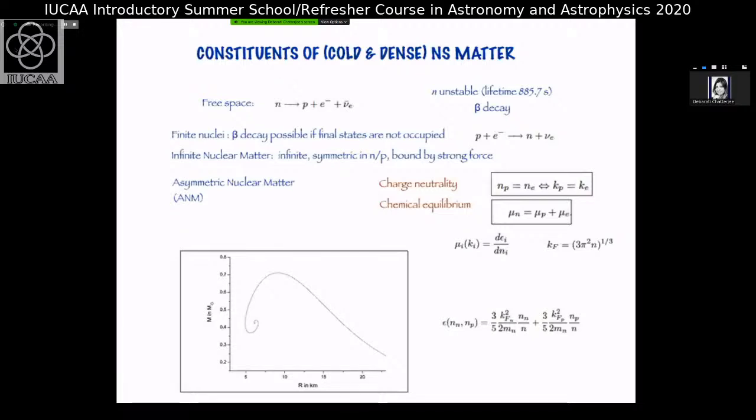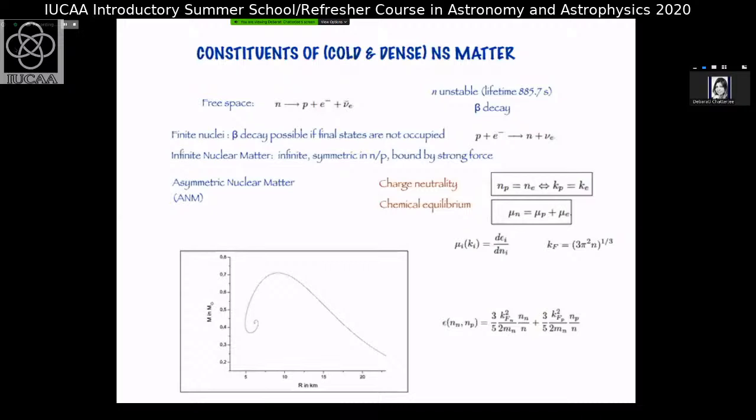So basically, the neutron star matter is defined by two important conditions. One is charge neutrality, and the other is chemical equilibrium. The chemical equilibrium comes from the above equations, beta minus and beta plus decay, that is neutron going to proton, electron and neutrino, and protons having electron capture, producing neutrons and neutrinos.